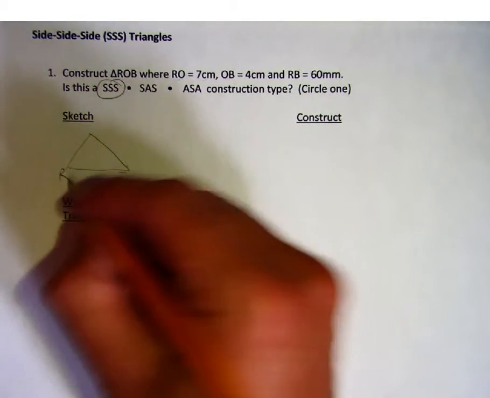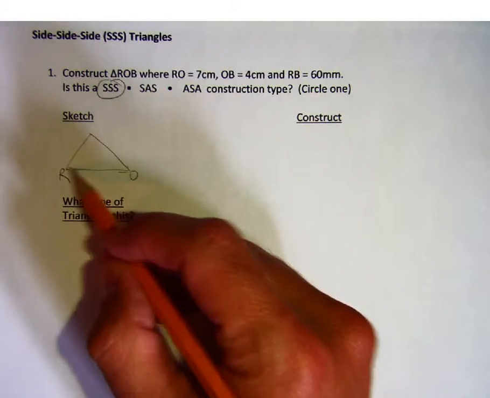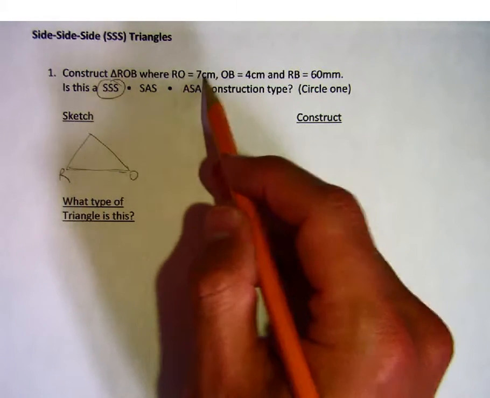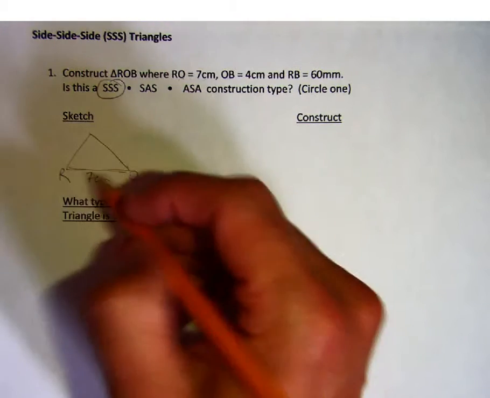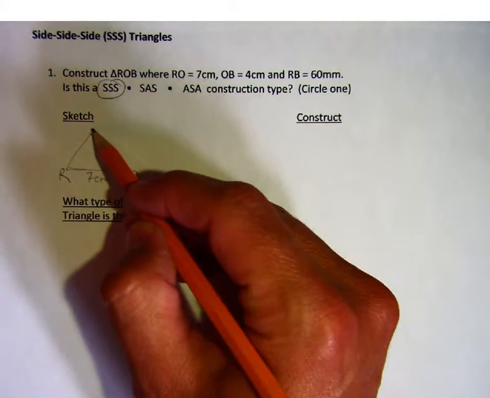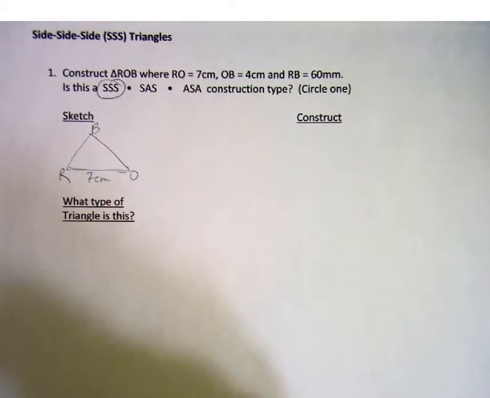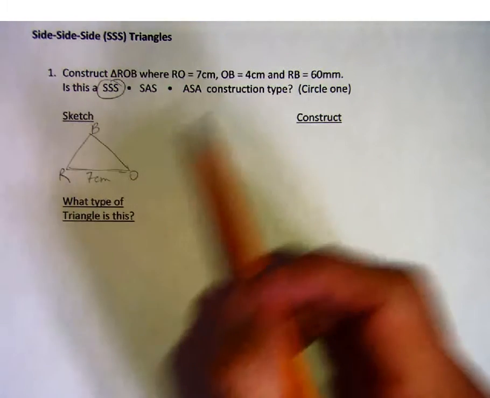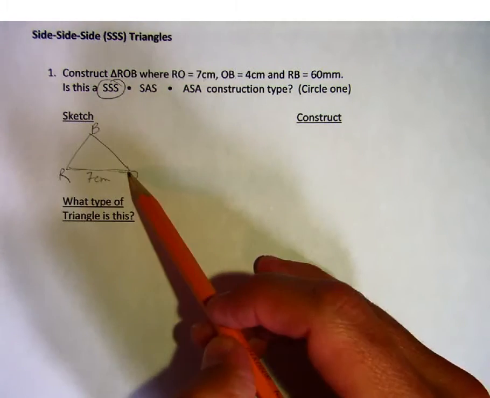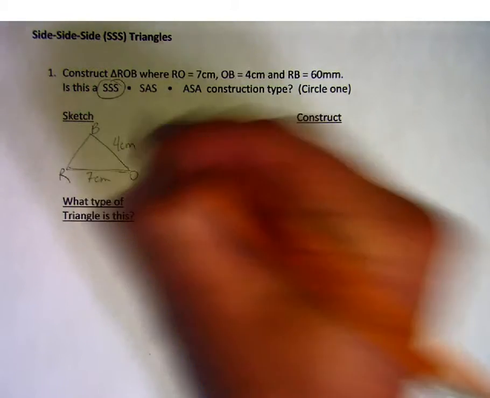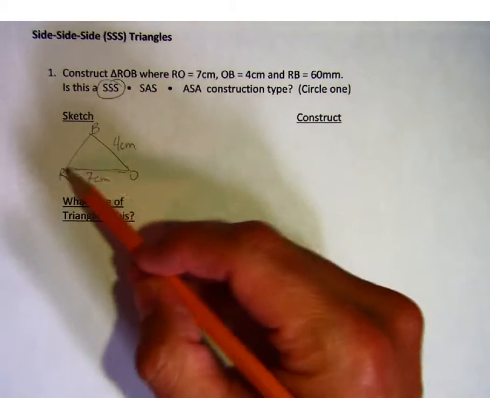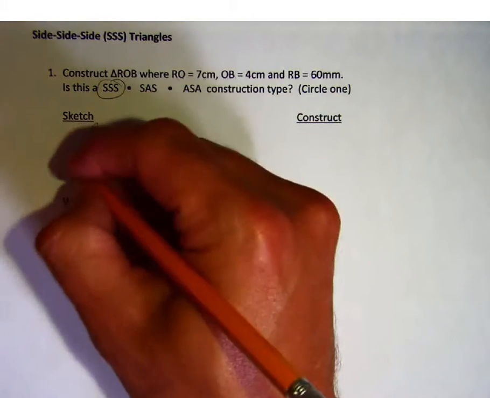So this will be R, O. So this side from R to O should be 7 centimeters. And since it's a triangle ROB, the B has to be up here at this other third corner. So line OB, so that's this one, should be 4 centimeters. And line RB, right here, should be 60 millimeters.